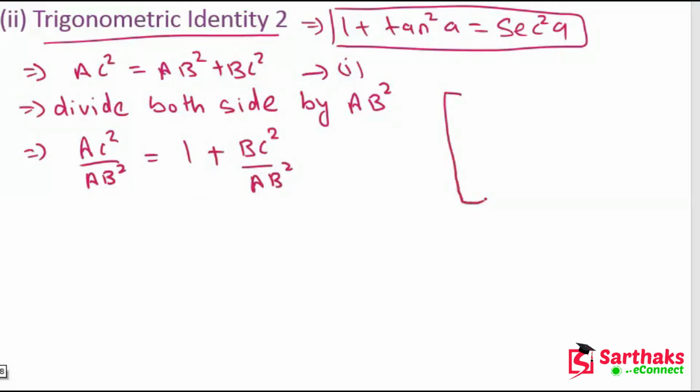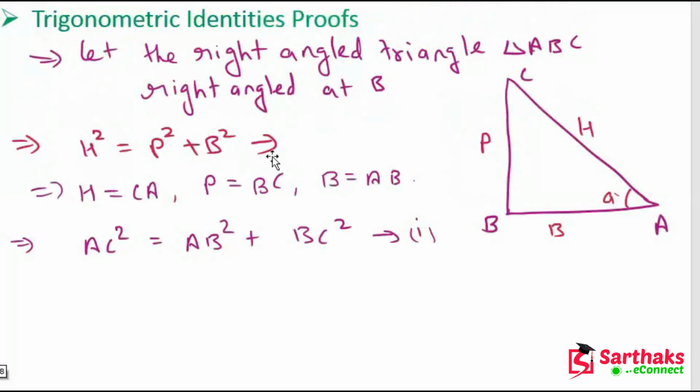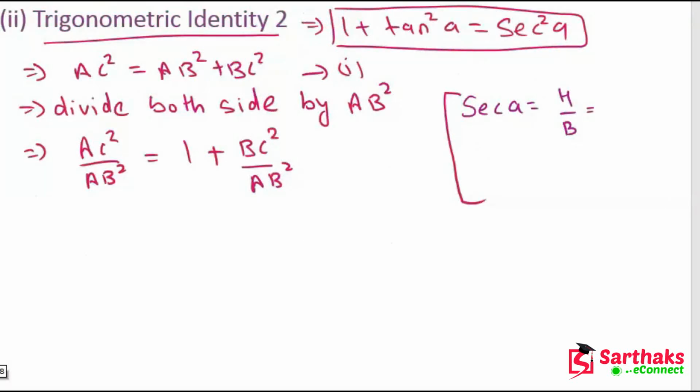Now we know that sec A is hypotenuse upon base. In this diagram, hypotenuse is AC and base is BA, so sec A is AC upon AB. And what is tan A? Tan A is perpendicular upon base.